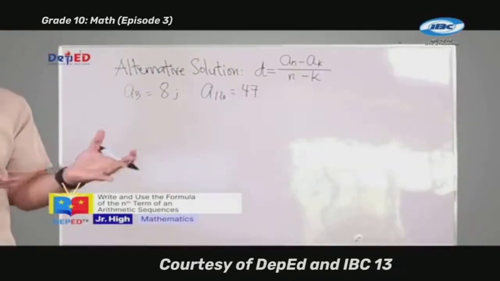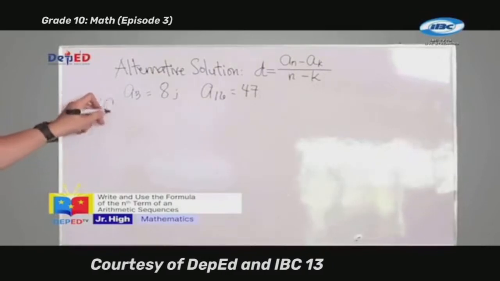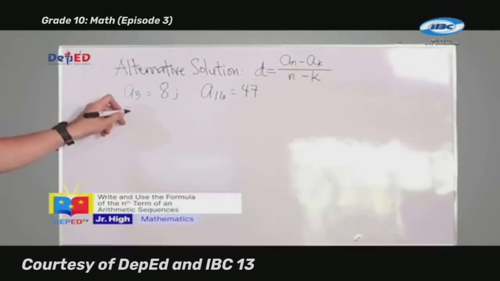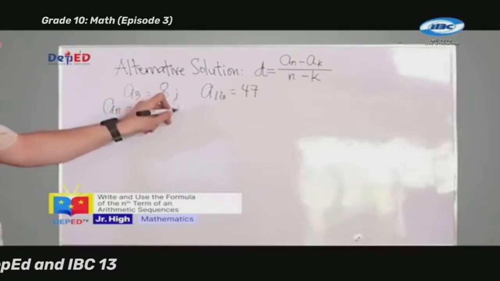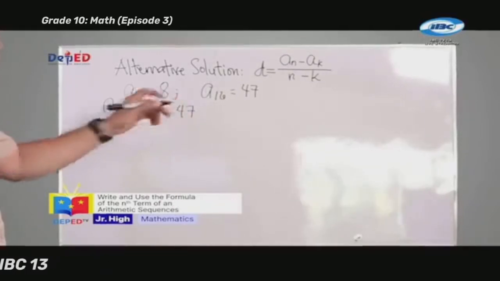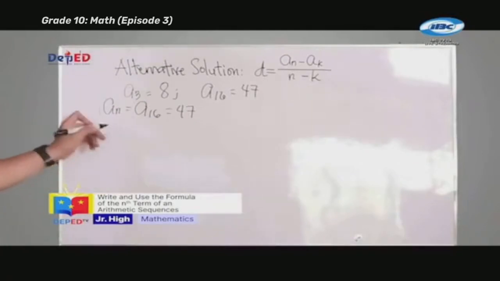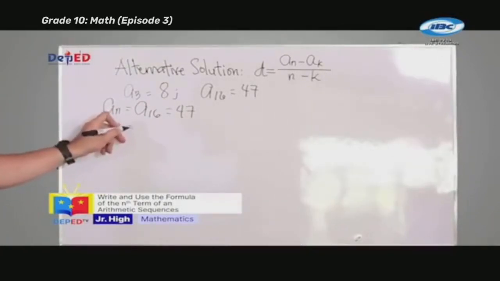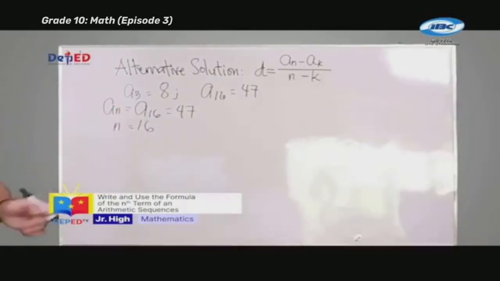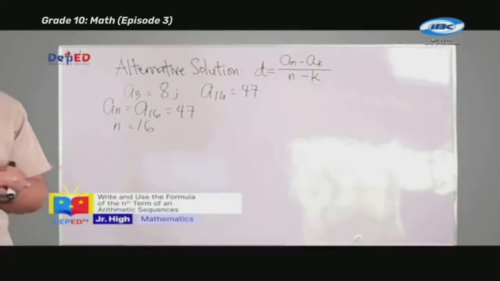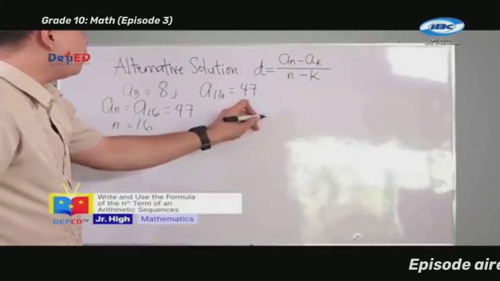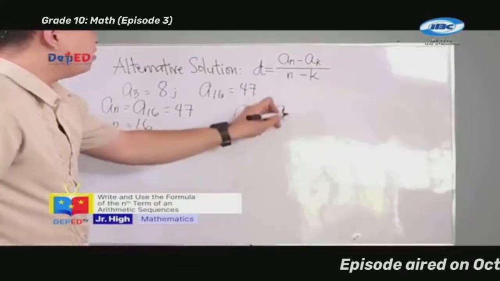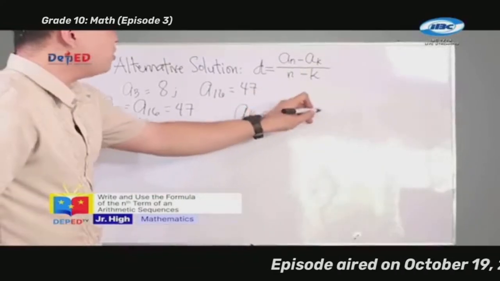From the formula, a sub n is equal to a sub 16. We will use the value 47, and for n, we will use 16. For a sub k, that is equal to a sub 3, which is equal to 8.